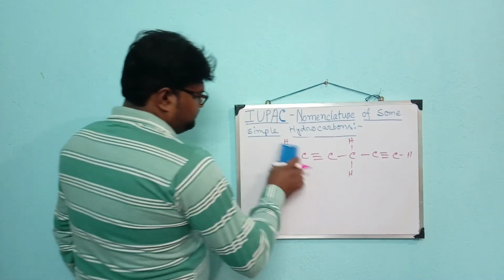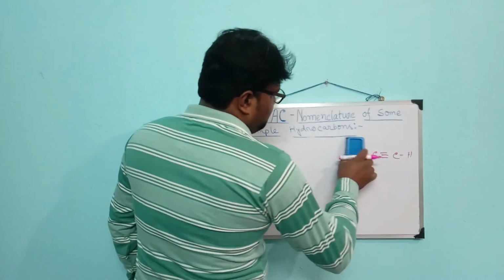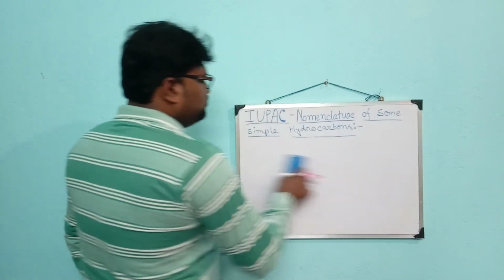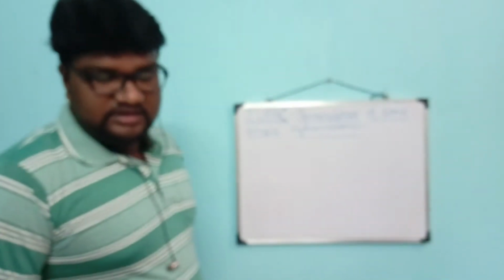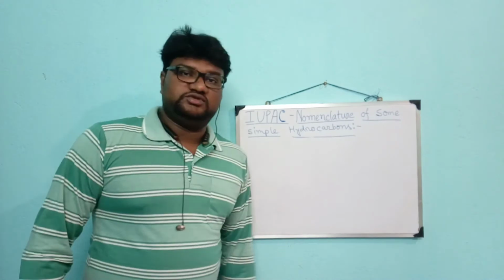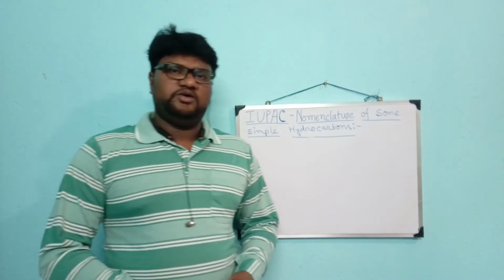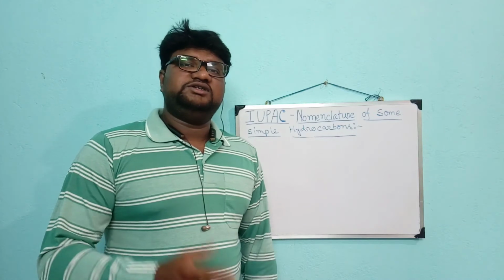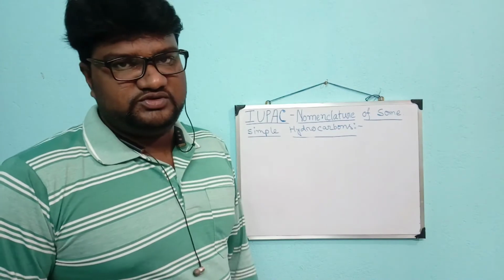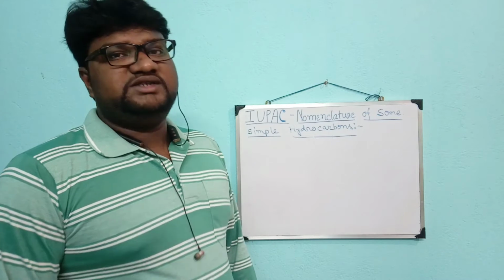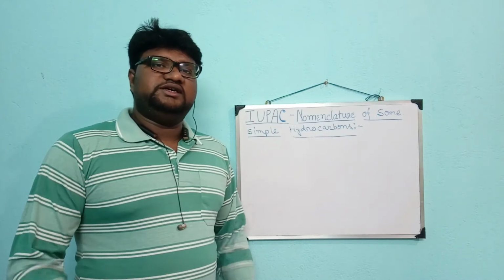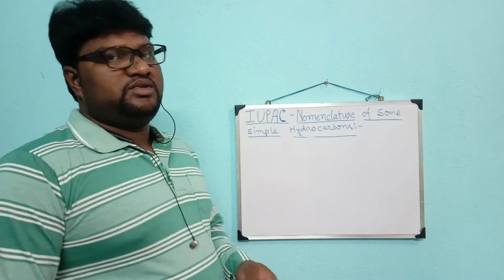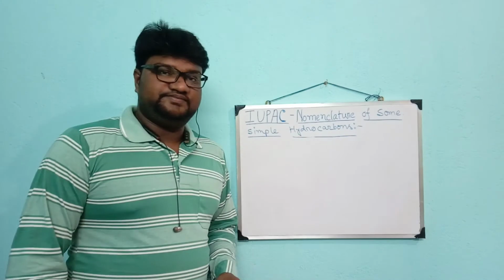Now there are some other rules present in naming hydrocarbons. Let us consider the functional group present in the hydrocarbons. For the presence of functional groups, there are many rules for their nomenclature.